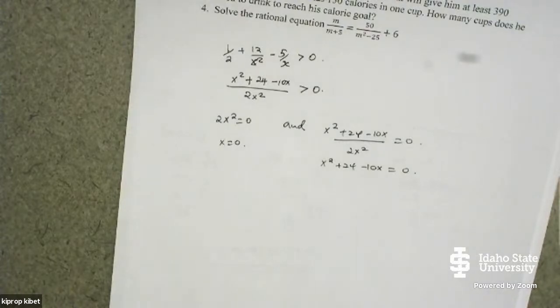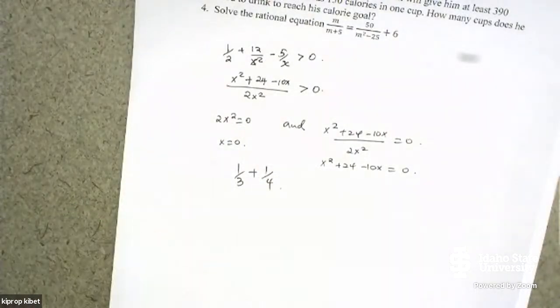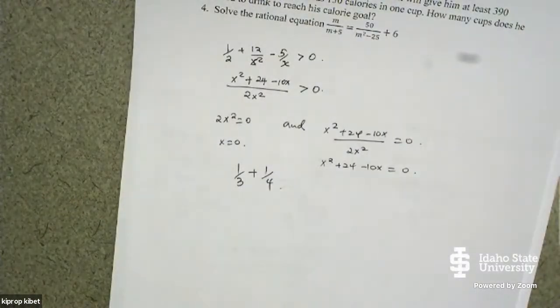So we want to add the three of them. If you want to add, let's say, 1 over 3 plus 1 over 4, what do you do? 1 over 3 plus 1 over 4 is what? Yes, so you get the least common factor.